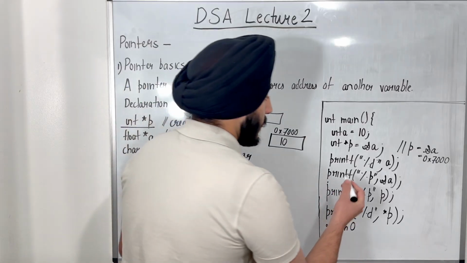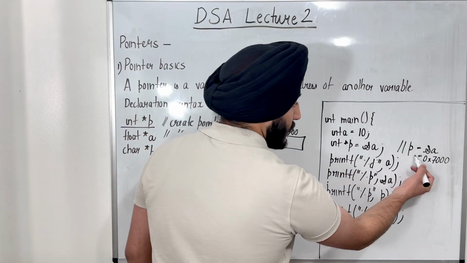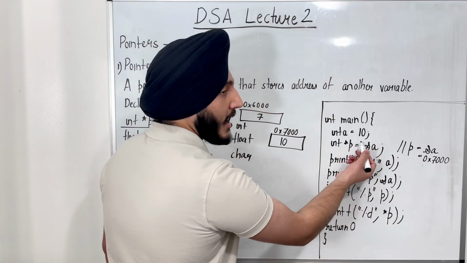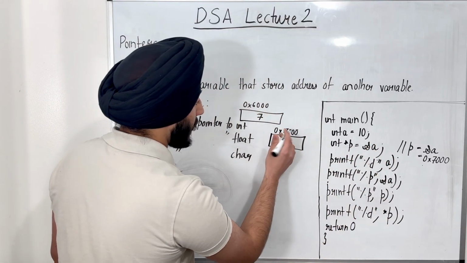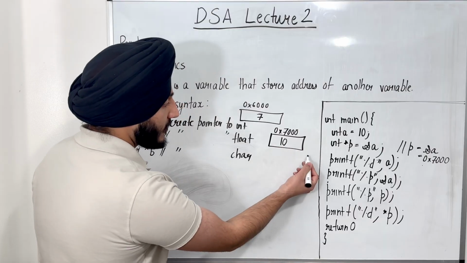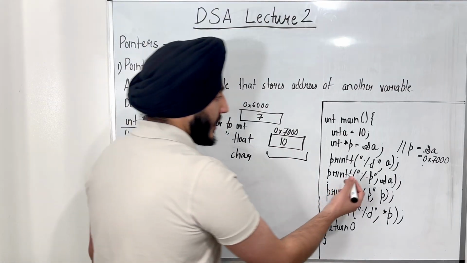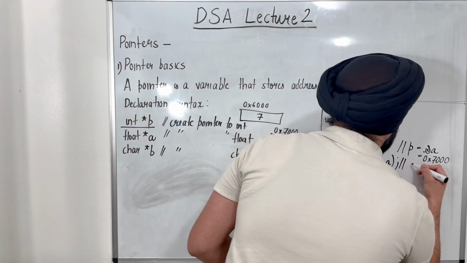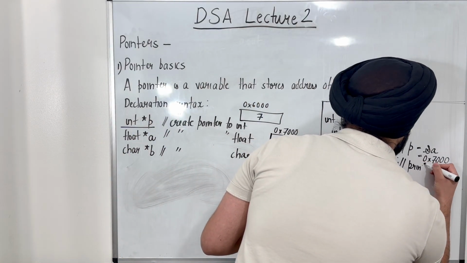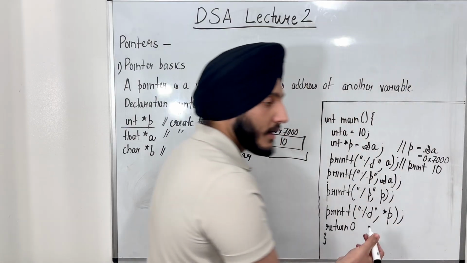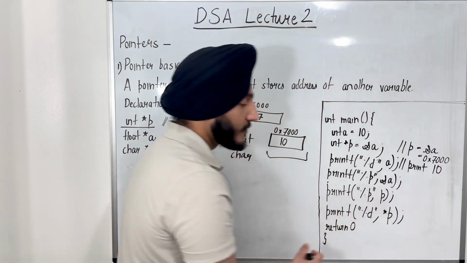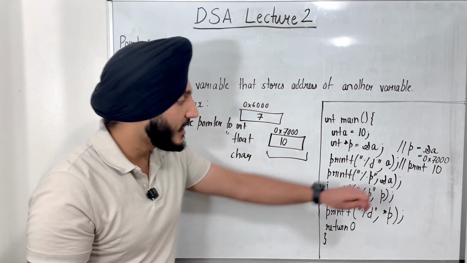Okay, let's try to understand what's exactly happening. So p is storing the address of a, which will be equal to 0x7000. a is the value 10, right? This is what it might look like inside the memory. So when I print %d a, I think this is very simple to understand. It will print 10, right? When I print %p comma address of a, it's going to print the address of a.